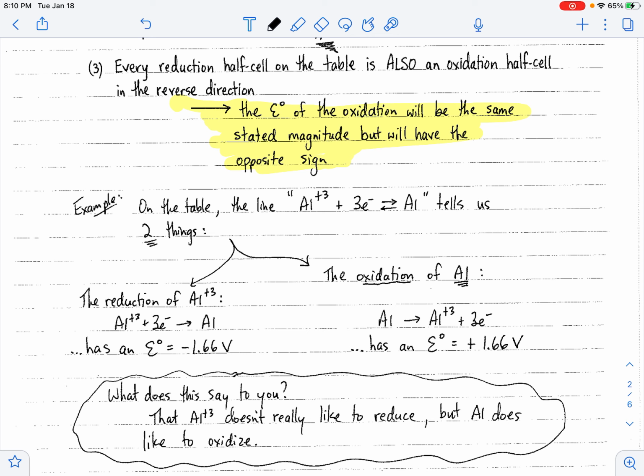And same magnitude of potentials, but different signs. So what conclusion do you actually make from that? Well, the conclusion would be that Al plus 3 ions don't really like to reduce because it's a pretty strongly negative potential, but elemental aluminum oxidizes quite easily with a positive, right?